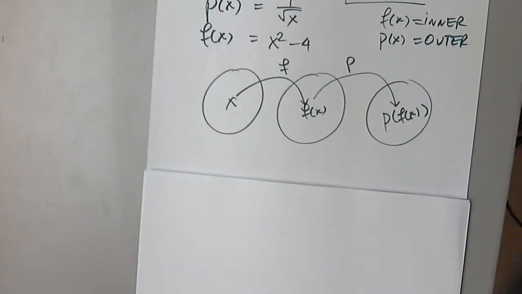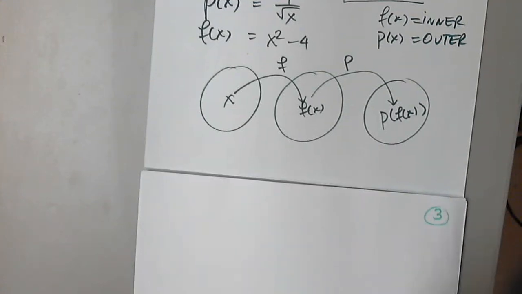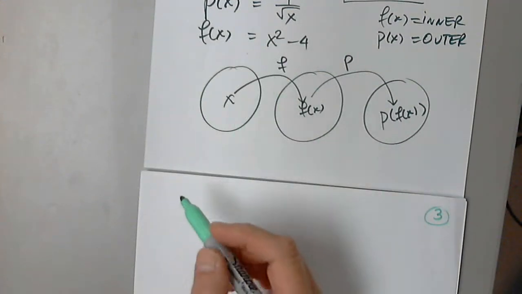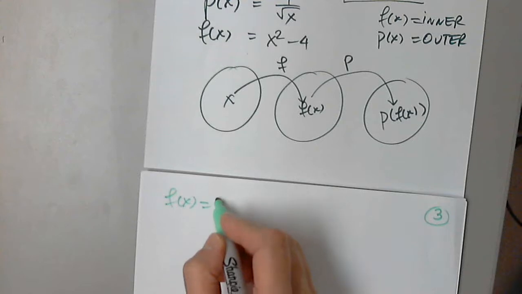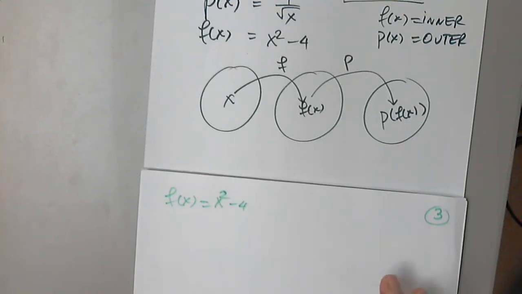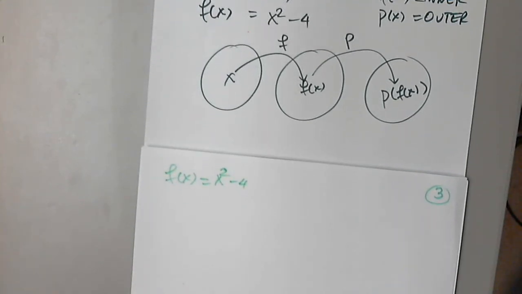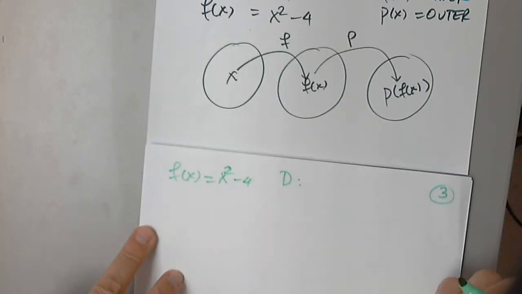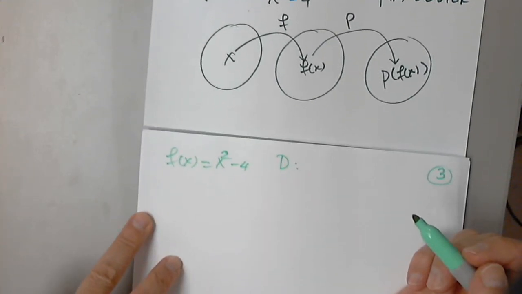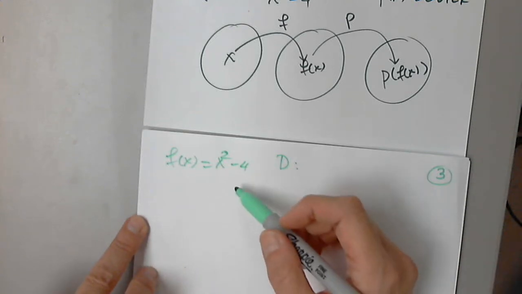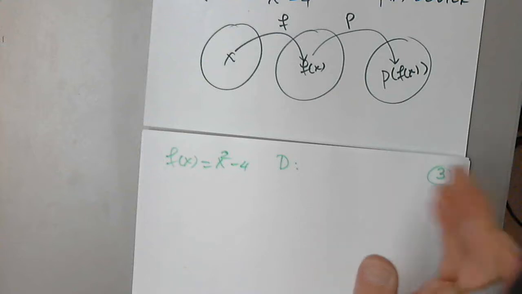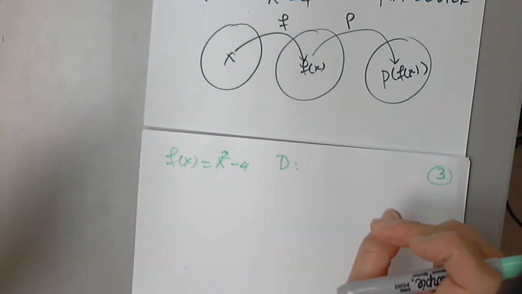Great job. So now, look at f of x. f of x is x squared minus 4. And I need to determine the domain of this function. We should not think of polynomials. For polynomials, we can never think about the domain.